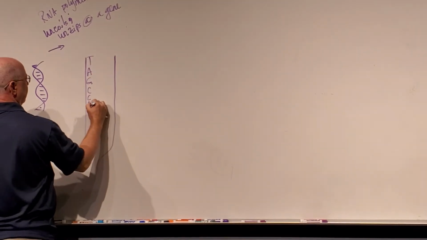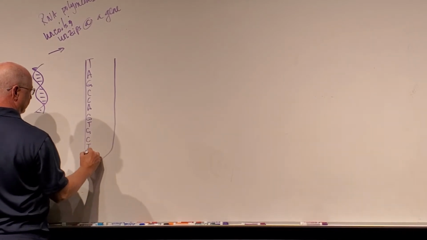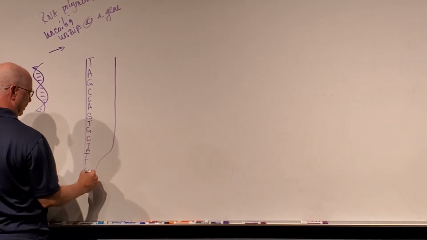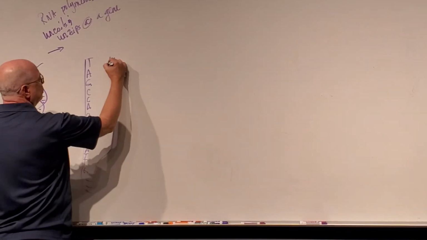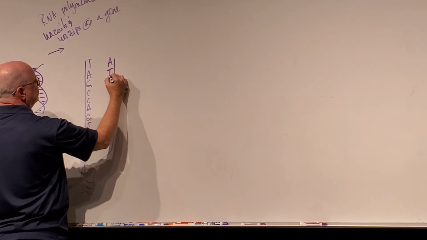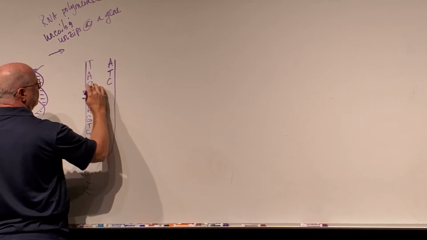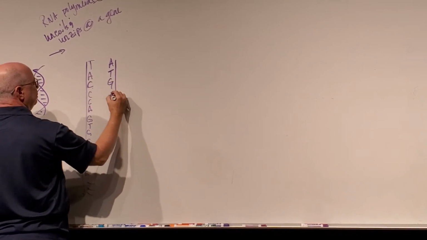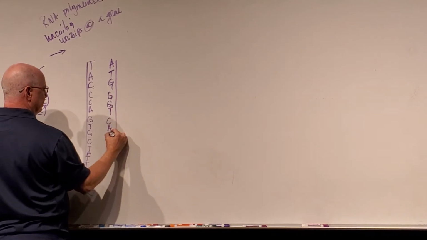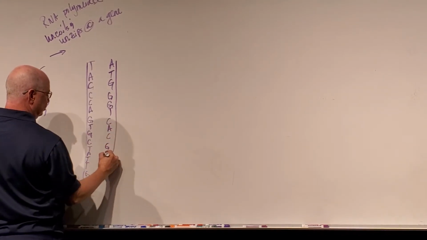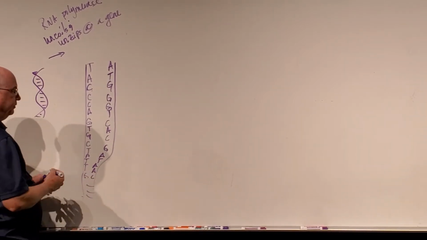TAG, CCA, GTG, CTA, TTG, right? And then these get stuck together. On this strand, I'm going to have ATC. I want to make this a C. I'll make that a G for now. GG, T, C, A, C, G, A, T, A, C.